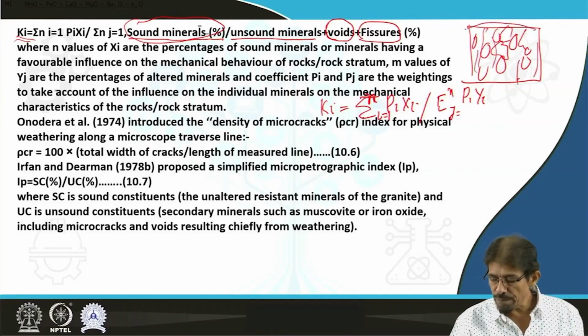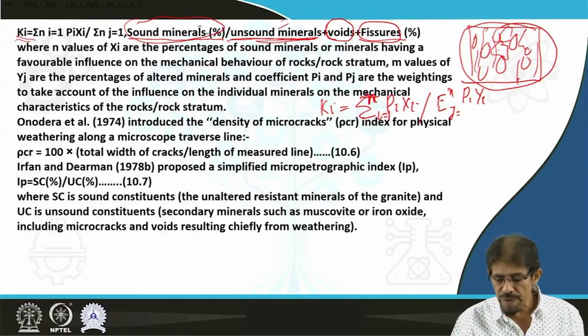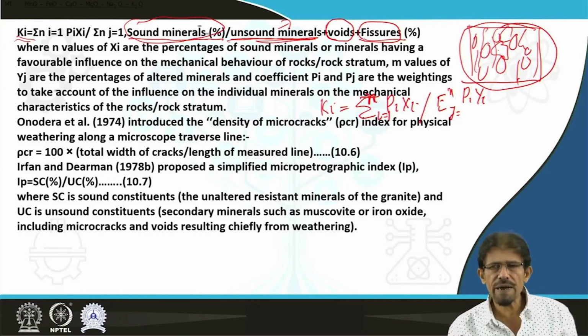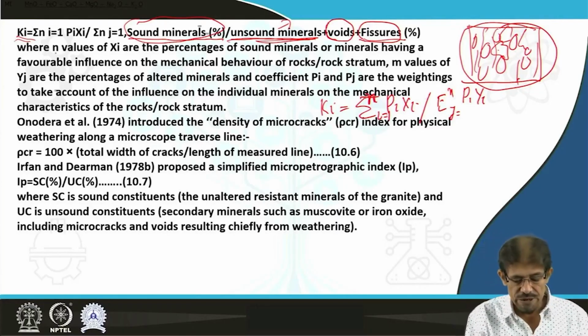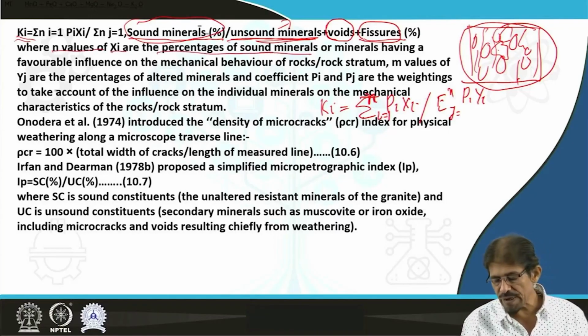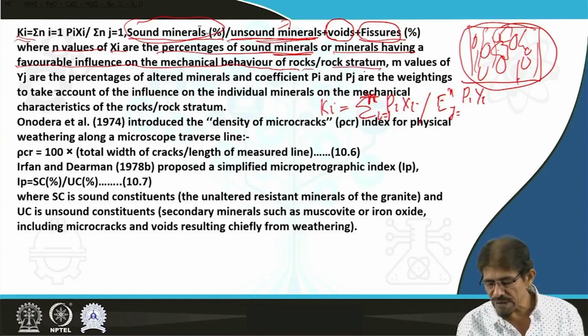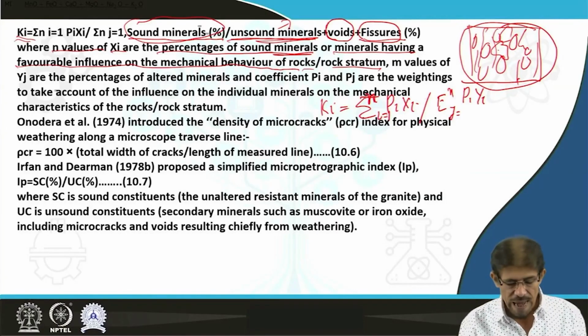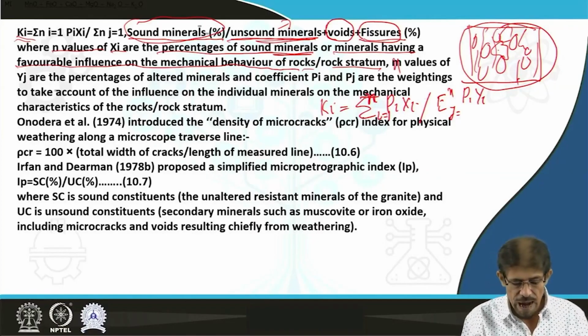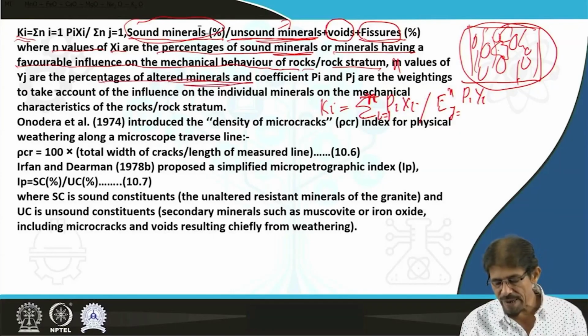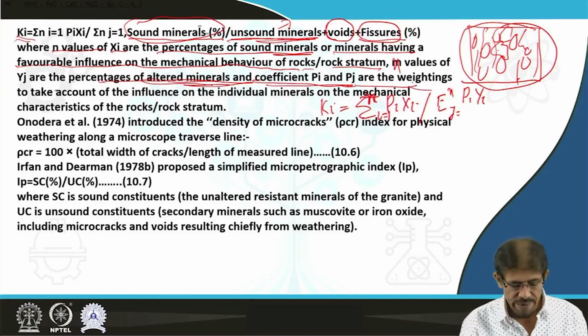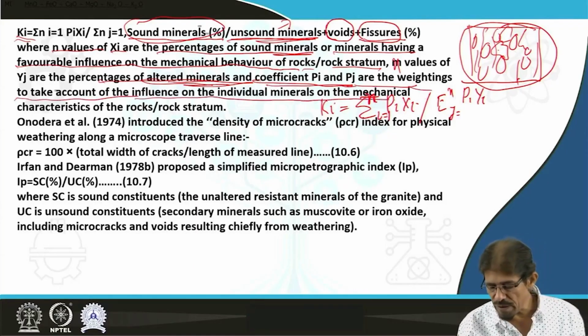So the estimation of the fissures, the voids and unsound minerals, meaning the minerals more susceptible to water-rock interaction or weathering. Here n is the number of xi, the percentages of sound minerals, or minerals having a favorable influence on the mechanical response of rocks or rock strata, and m is the number of yj, the percentages of altered or weathered minerals, and the coefficients Pi and Pj are the weightings to take account of the influence of individual minerals on the mechanical response of rock and rock strata.